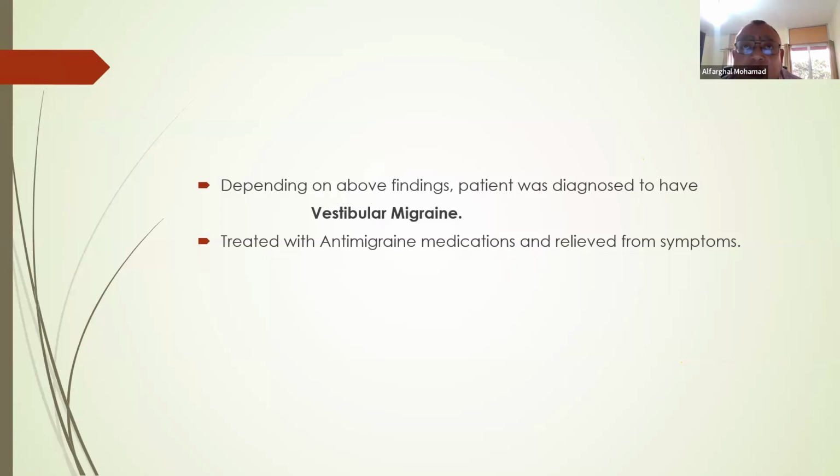So it's good to have something which can calculate the duration of nystagmus for you, because even in determining which side is more affected in horizontal canal BPPV, some clinicians use the duration of the nystagmus as one of the indicators. So those are the points I wanted to share with you.